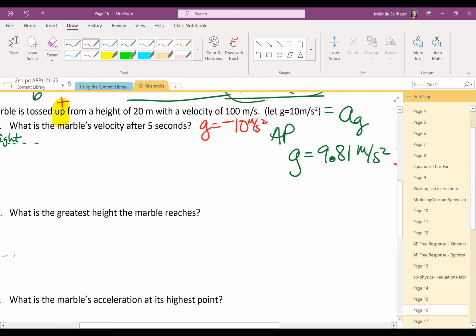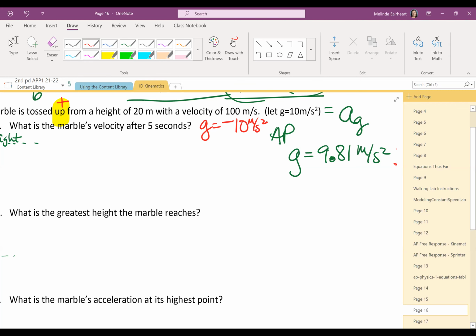Again, AP doesn't tell me that, and by the way, AP problems don't always say let g equal 10. You can always use 9.8 or 10. In free response, I know you're going to show your work so the grader knows what you're doing. Hint, hint. And so gravity, I'm making it negative 10 because we have two different up-down directions.